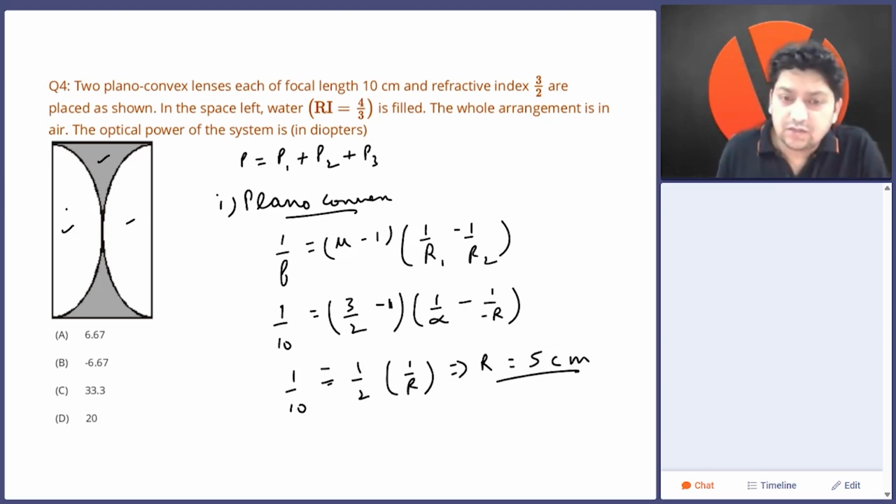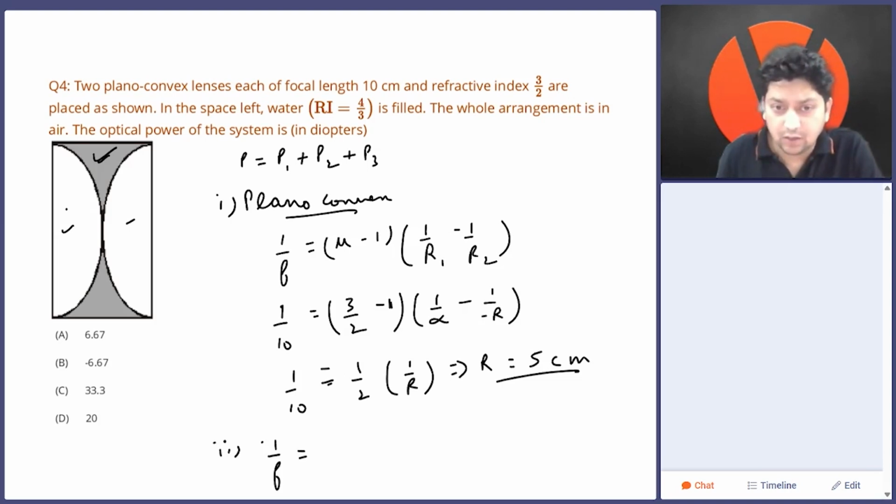Now radius of curvature is actually required to find out the focal length of this biconcave lens. So for the biconcave lens, the focal length will be what? Let's figure out. The refractive index of water is 4/3, minus 1, into the biconcave lens terms. So R1 will be negative, minus 1/5, minus the R2 which will be positive 1/5.